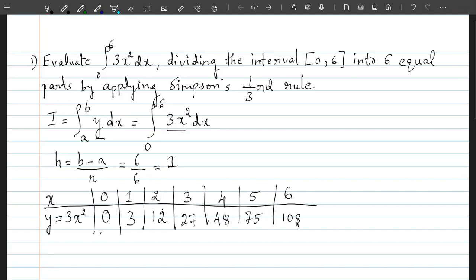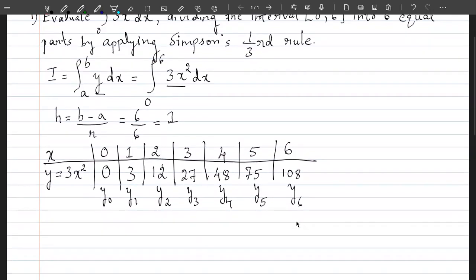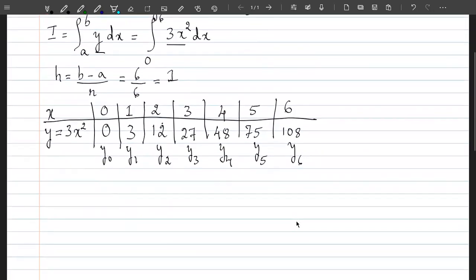I will just call them y0, y1, y2, y3, y4, y5 and y6 so that you can easily get these values while applying the formula. This problem is simple, but in case of some complicated problems, what we can do is save the function in your calculator and just go on putting different values of x so that you can get the answers easily.